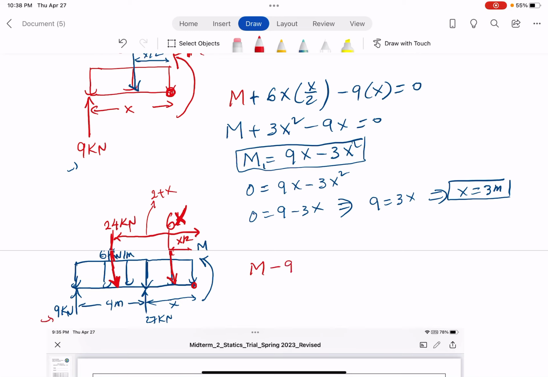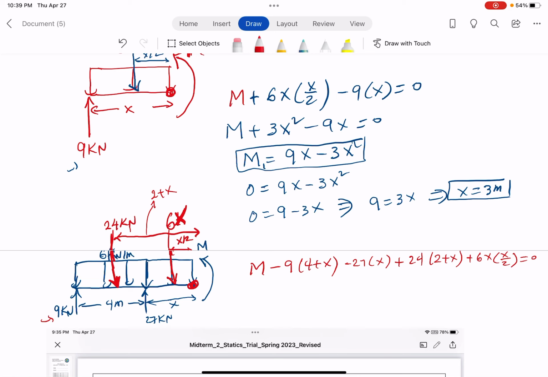This 9 will produce a negative moment, 4 plus X, minus 27 times X, moment at this point, plus 24 times 2 plus X, plus 6X times X over 2.